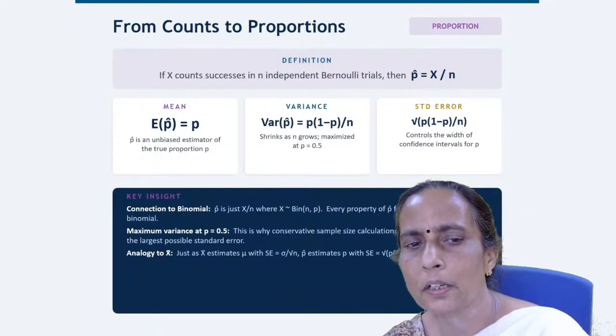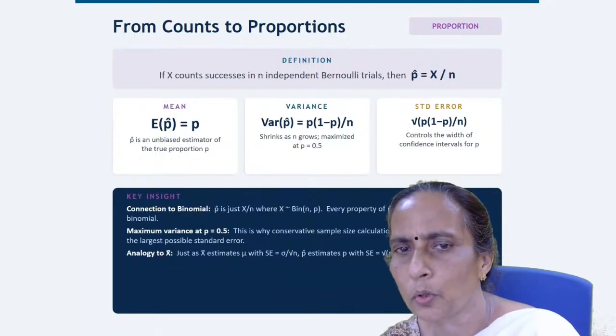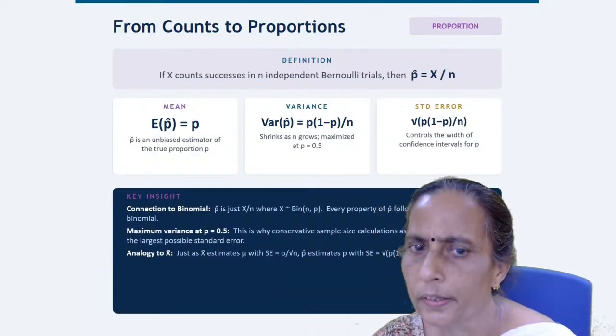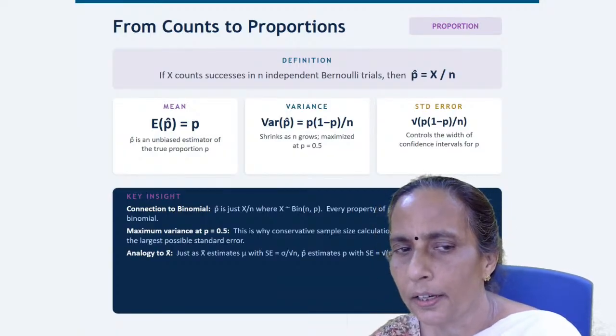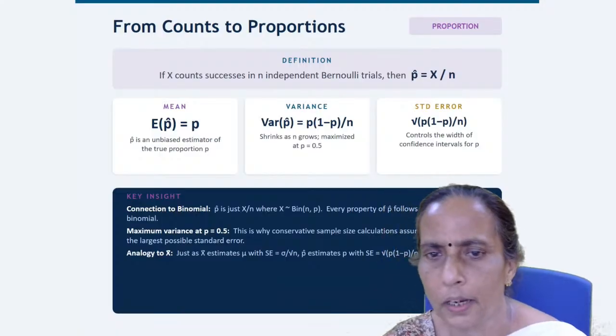So your P cap is an unbiased estimator of the true proportion P. And the variance of P cap is equal to P into 1 minus P by N.